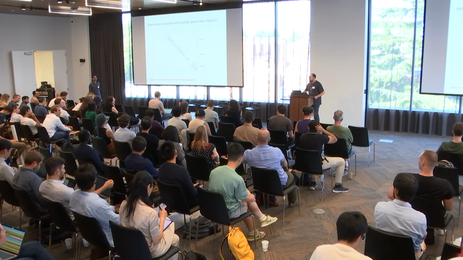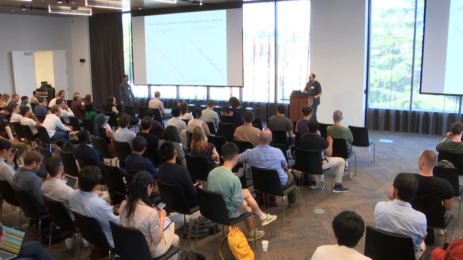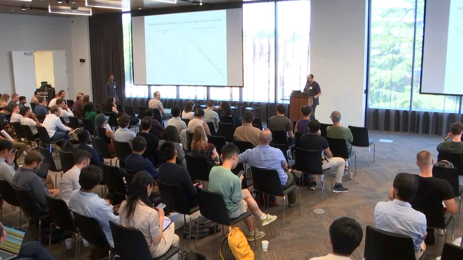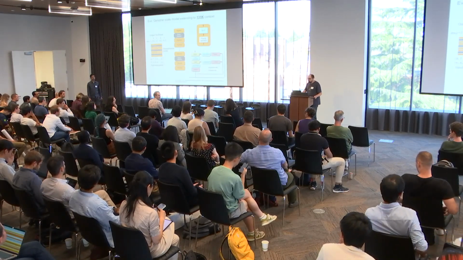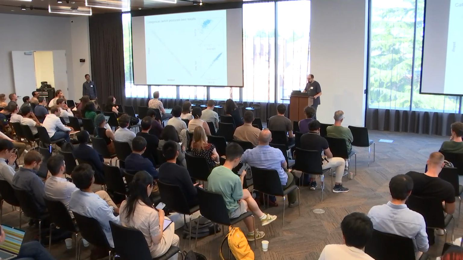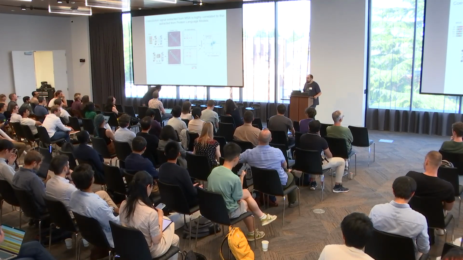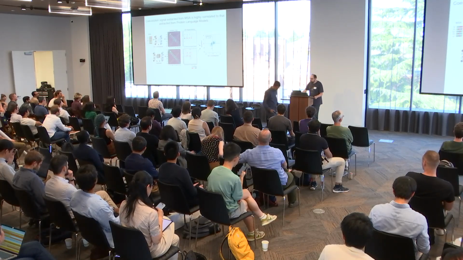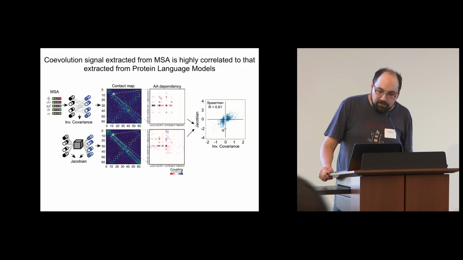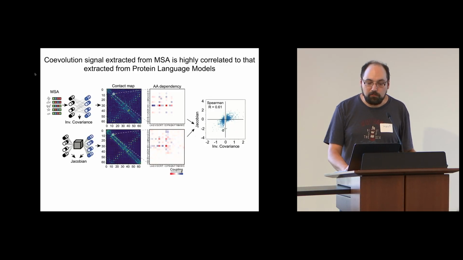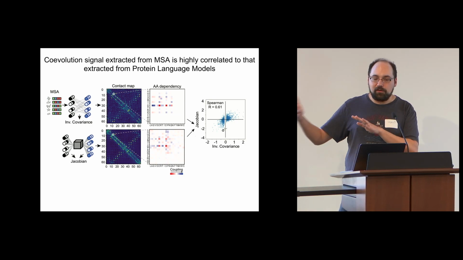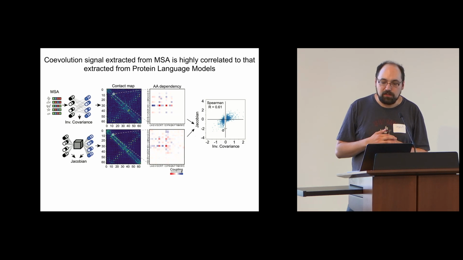You put up an example of the contact matrices learned by Gremlin and the protein language model, and the correlation was 0.6 or something. I am really curious which one is more accurate on this particular example. That's a great question. The contacts are actually more accurate for the protein language model. If I compare against the ground truth contacts coming from the crystal structure, they are more accurate.